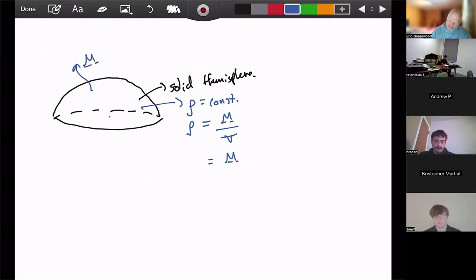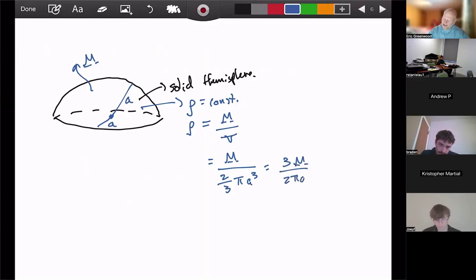And let's say this thing has a constant radius of A. So what is the volume of a hemisphere? 2/3 pi A cubed, right? Because it's half that of a sphere. Good, so I'm going to move the 3 to the top. So it's going to become 3 times the mass divided by 2 pi A cubed. So this is my mass density.